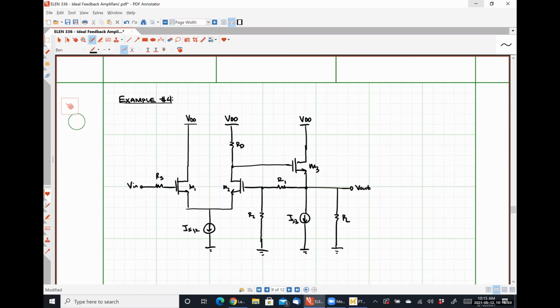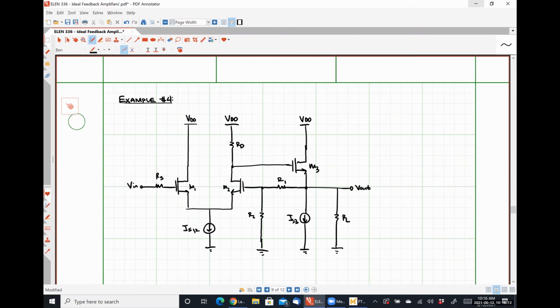Why is it not exactly a differential pair? It's not symmetrical, right? Because it's not symmetrical, we can't look at the half circuit and just break that stage down by looking at a half circuit and calling it a day. We're going to have to actually go through the steps of analyzing, okay?